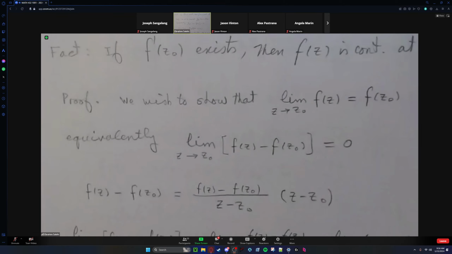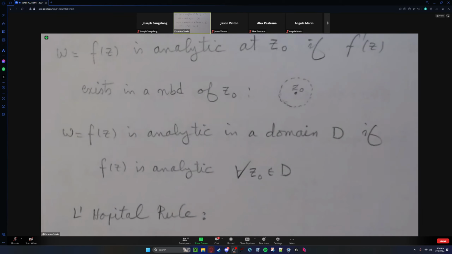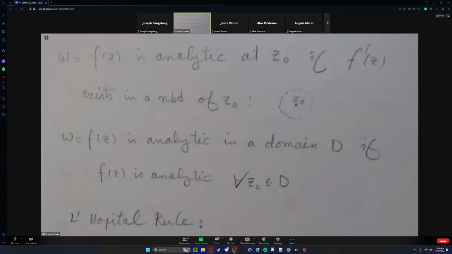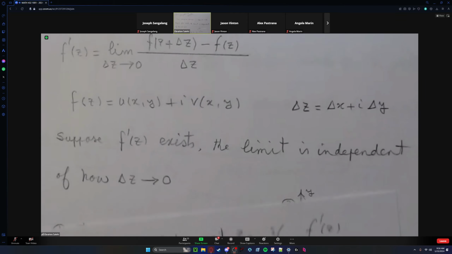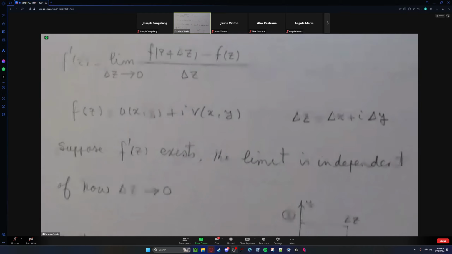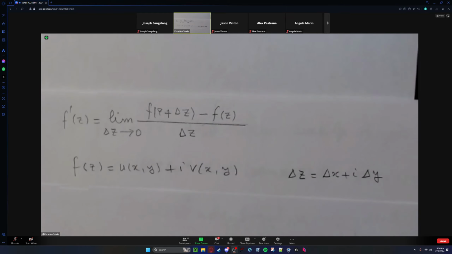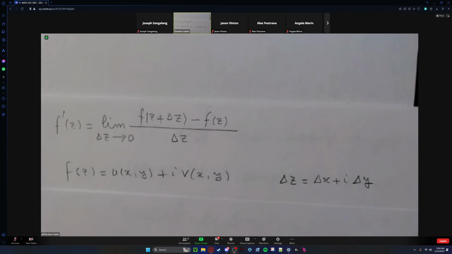Remember, when you have a function of a complex variable, you can write that function as its real part plus i times its imaginary part.